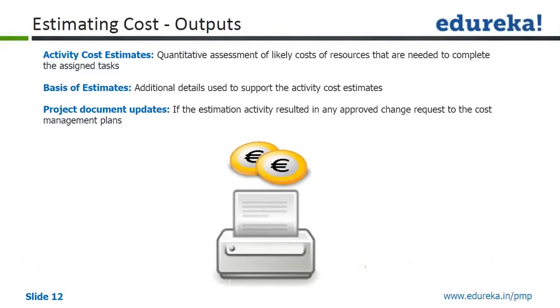So next is activity cost estimates. In this, you have a quantitative assessment of the likely cost of resources that are needed to complete the assigned task. So when we are talking about resources, it is all the 3 or 4 types or categories that we keep on talking about: human, material, equipment, and supplies, the 4th category.